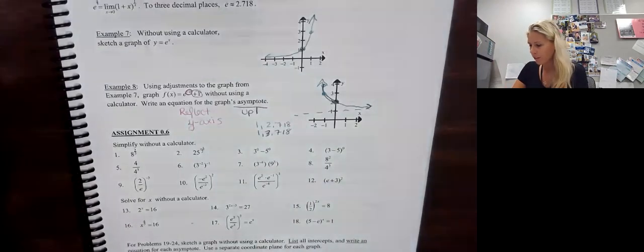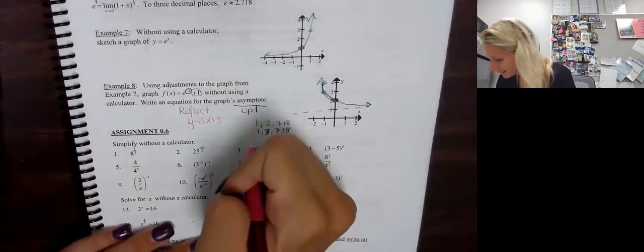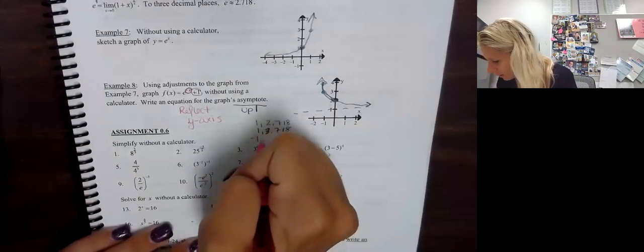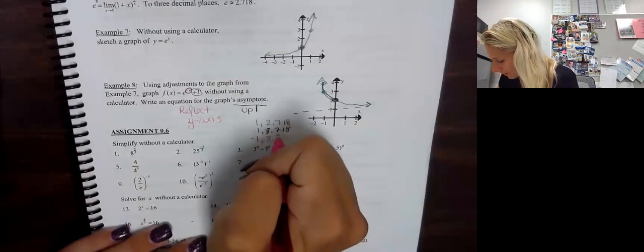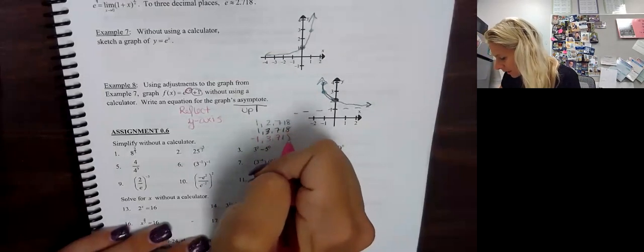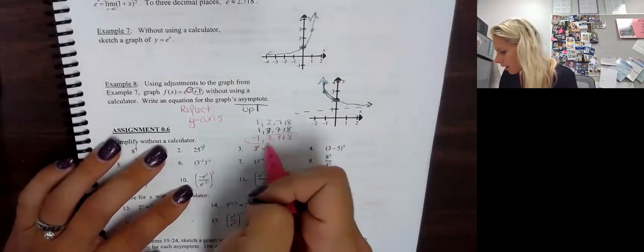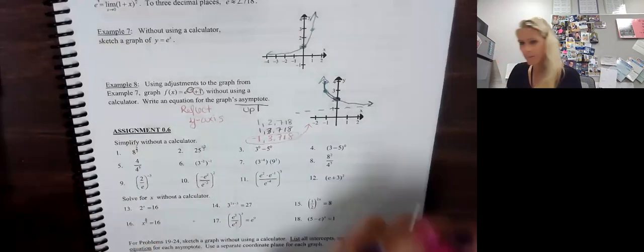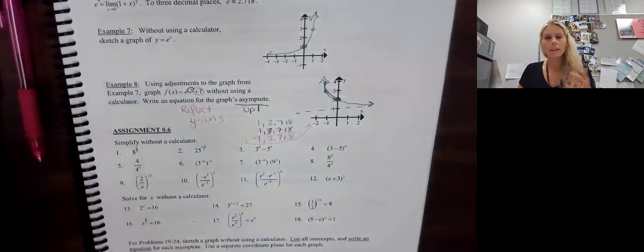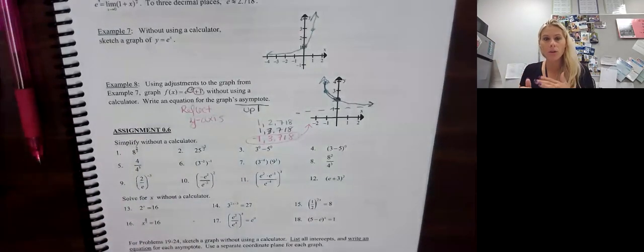And when we reflect it over the y-axis, it becomes (-1, 3.718). I hope that makes sense now that I'm changing that coordinate. So this is the one that we want on the new graph. All right, so practice your review on exponents and see how we do.